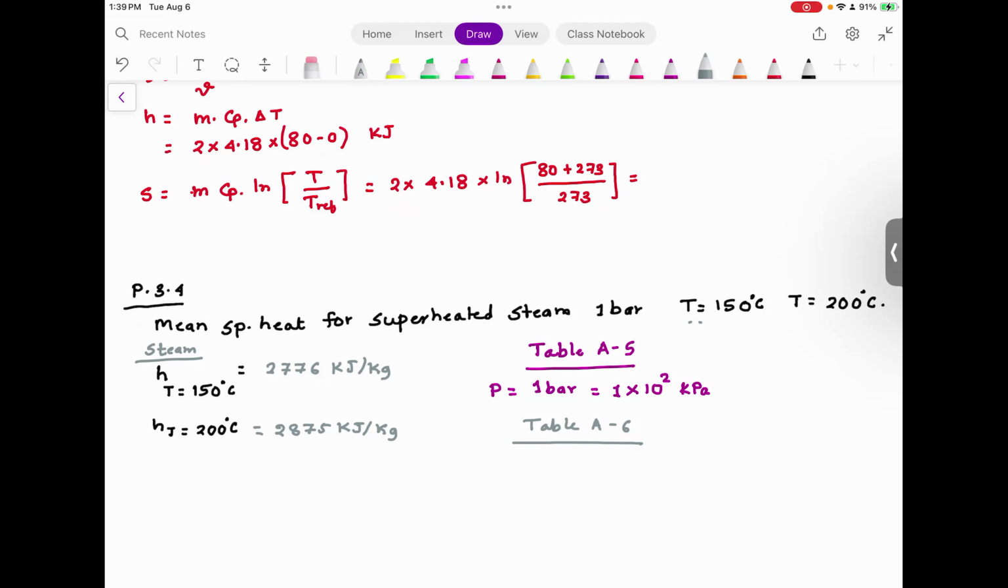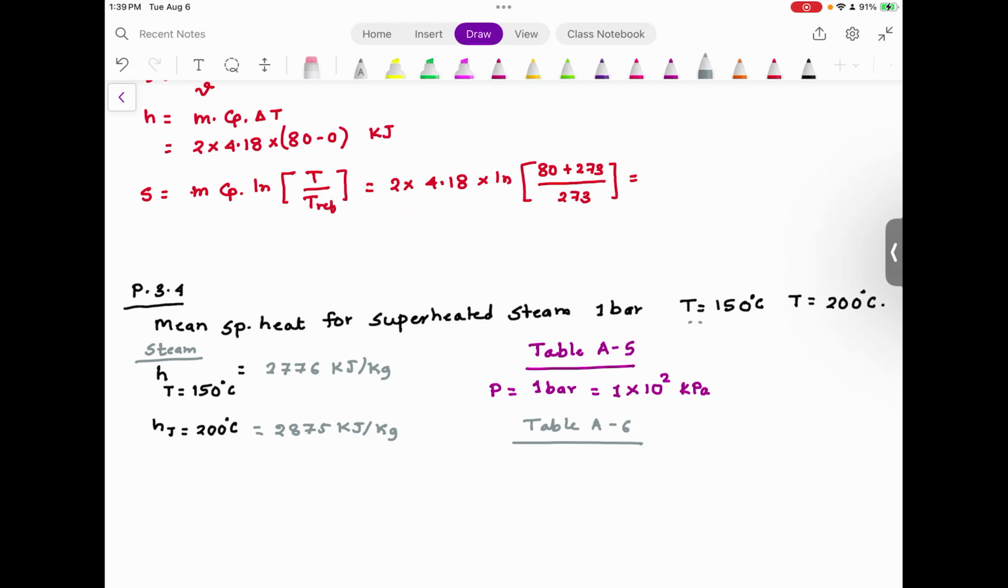You see that? This is the point of intersection. Draw a line. You see that this is the same as the enthalpy value on the table.